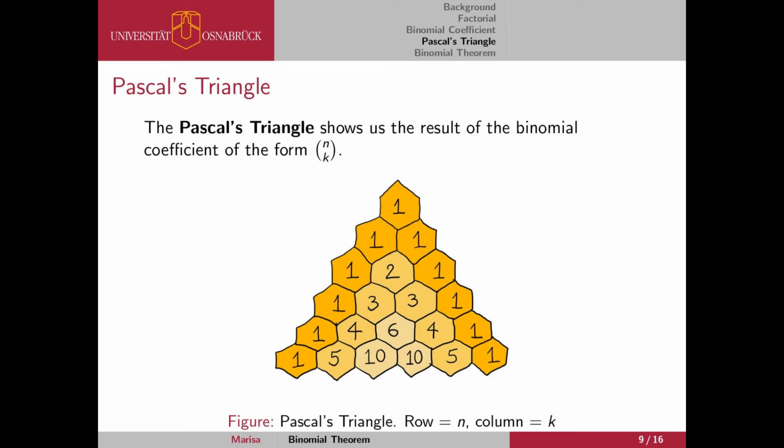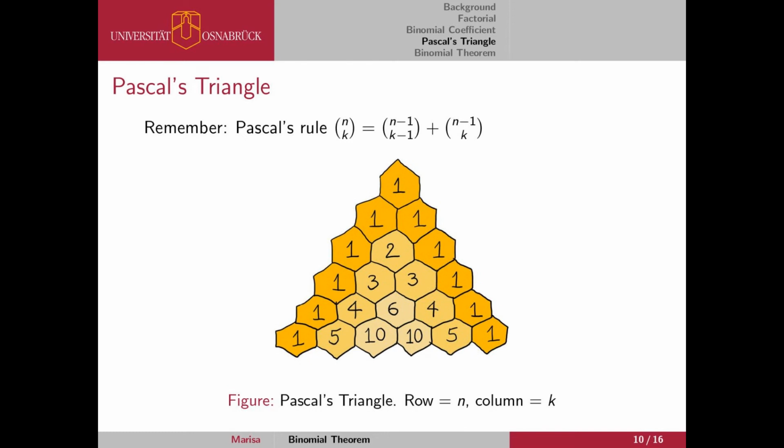Now let us consider rule number 5 again. I am referring to Pascal's rule here. As you maybe remember, it stated that n over k is the same as n minus 1 over k minus 1 plus n minus 1 over k. In practice, this means the following.